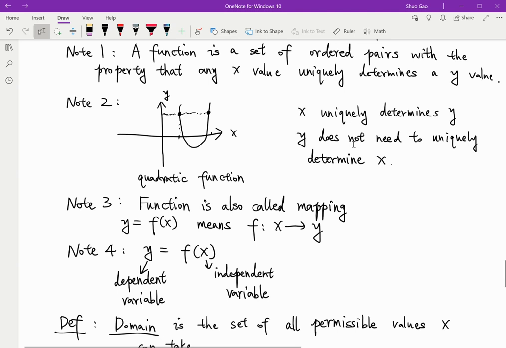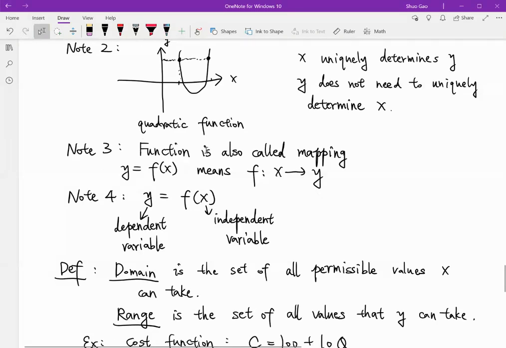But we can see that y does not need to uniquely determine x. For example, given a particular y, we can have two x values corresponding to the y value on this line. There are two x values that have the same y. So it doesn't matter, because in the definition, we only require that x uniquely determines y, but y doesn't have to uniquely determine x. So this is still a function, right?